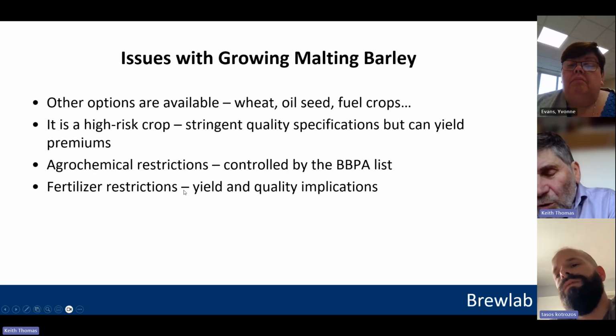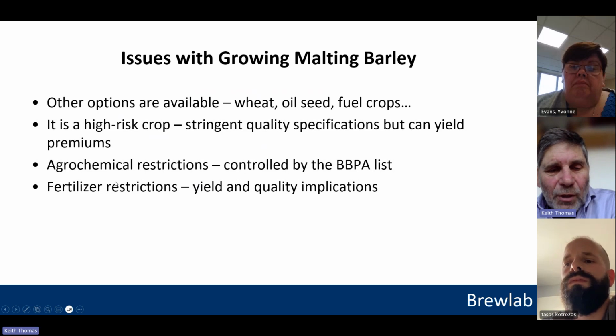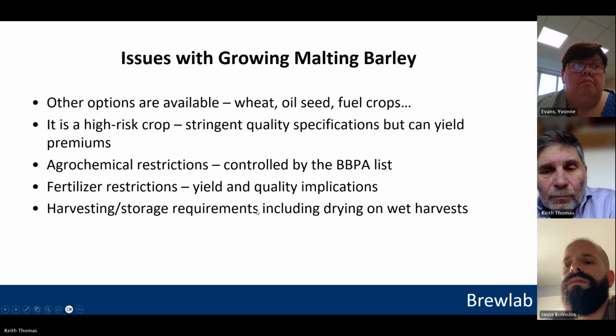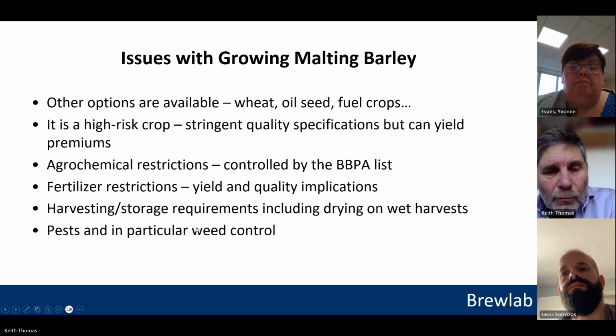Now that makes it cheaper to grow, but on the other hand, if your farm has a soil with a high level of nitrogen, then you're going to find it hard to get to the required nitrogen percentage. You've got to dry it when it's finished, and if it's a wet harvest period, that's going to take energy, which is cost.